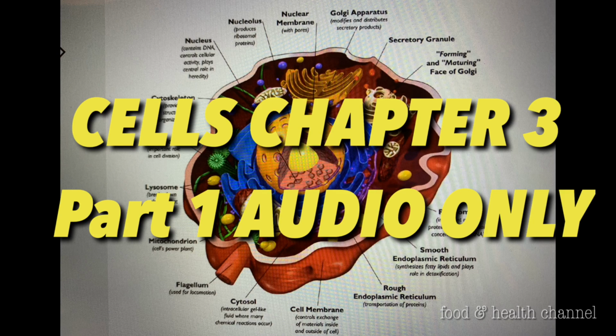Next is the Golgi Apparatus. It's a series of membranous sacs. Proteins synthesized along the RER are transported to the Golgi Apparatus through channels formed by the ER.